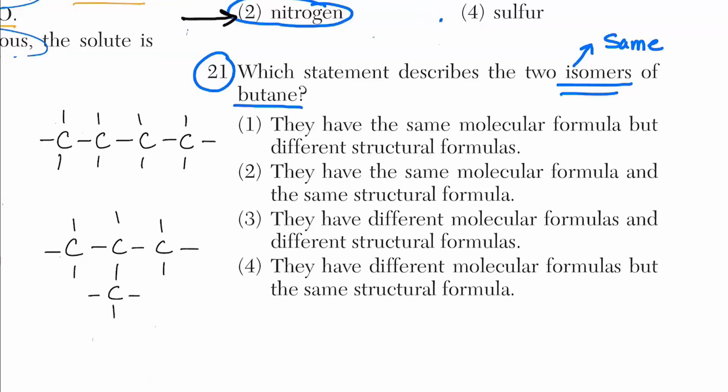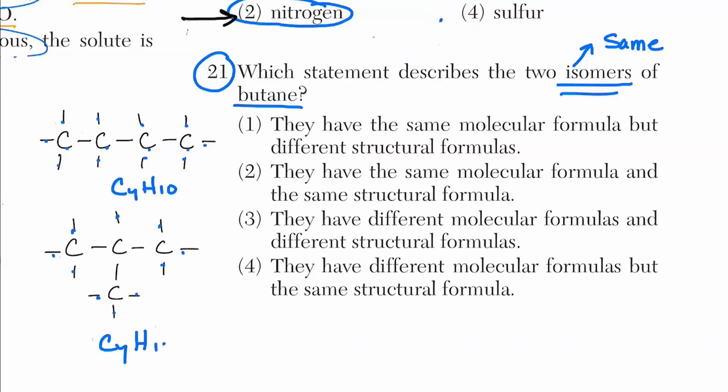Let's count. We have 1, 2, 3, 4 carbons, C4, and then we count the what? The sticks are H's. So 1, 2, 3, 4, 5, 6, 7, 8, 9, 10. So that's H10. And this one is C4, and if we count the sticks, 1, 2, 3, 4, 5, 6, 7, 8, 9, 10, H10.